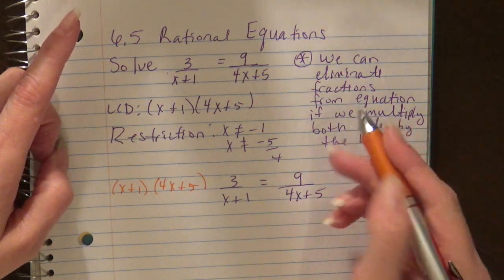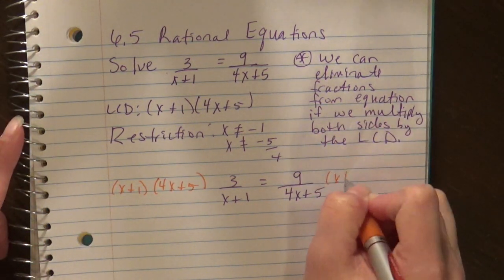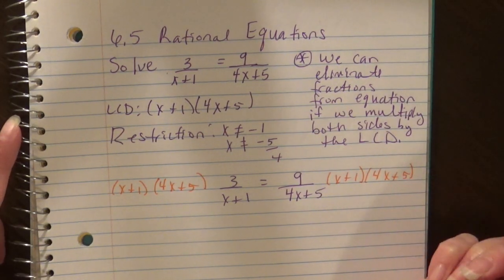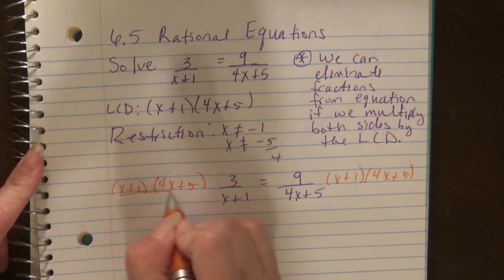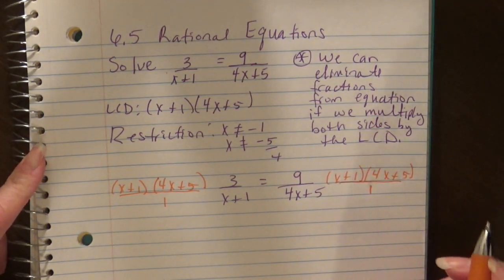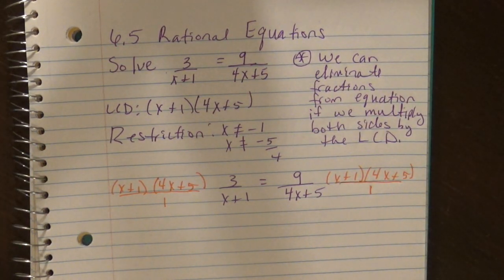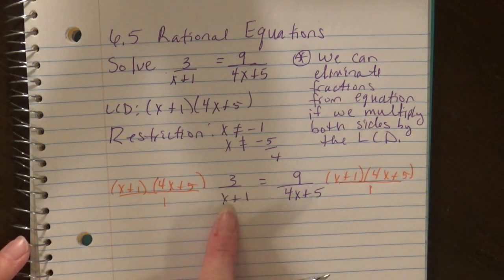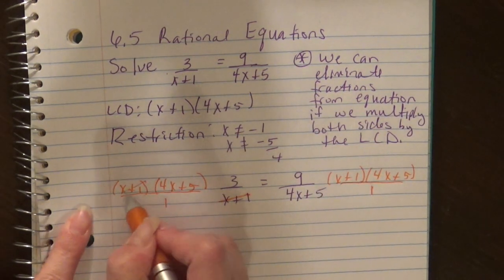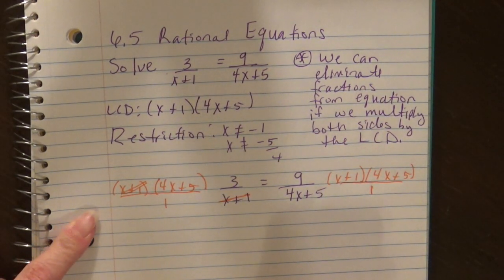So I'm going to put over here x plus 1 times 4x plus 5. You can think of all these as being over 1. But you're going to notice that when you multiply both sides by the LCD, the fractions are going to go away because you've got a factor of x plus 1 that you can reduce with this x plus 1. They're gone. They canceled out.